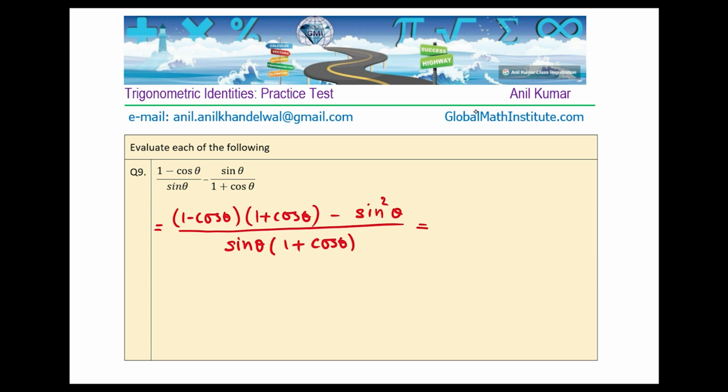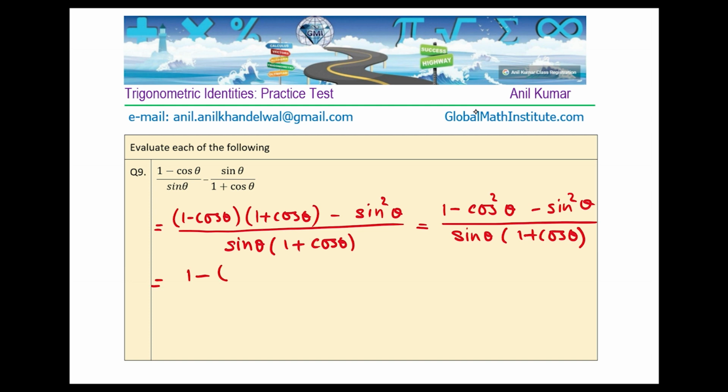Now here, the first term will be a difference of squares, so we get 1 minus cos square theta minus sin square theta over sin theta times 1 plus cos theta. Now we can take minus common, so we get what?